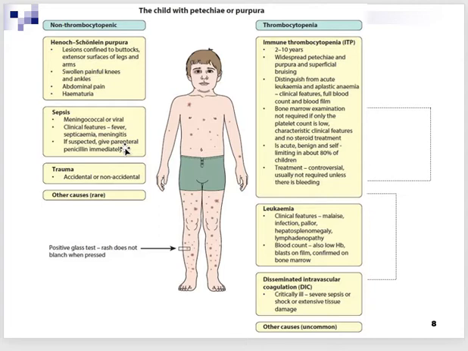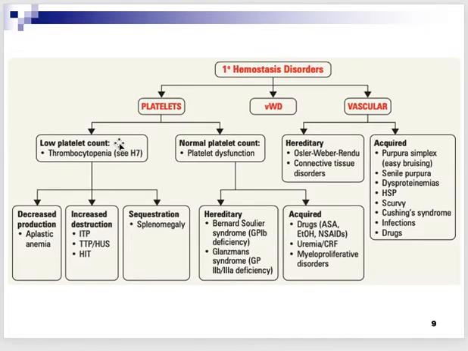The important thing which I wanted to tell you here is that any patient who comes with petechiae and purpura, which are superficial bleeds, you go to this chart, where these are all the causes of superficial bleeds.